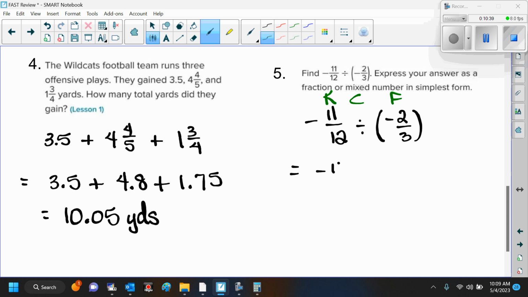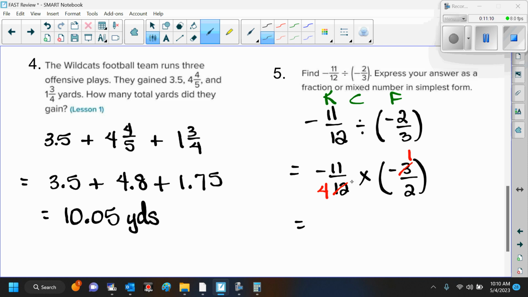So we've got negative 11/12. The division becomes multiplication, and the negative 2/3 becomes negative 3/2. Very good. And now, before I multiply, can I simplify? Yep. The 3 and the 12, right? So 3 divided by 3 is 1, and 12 divided by 3 is 4. Can I do any more?